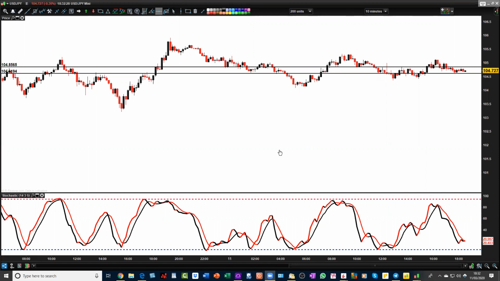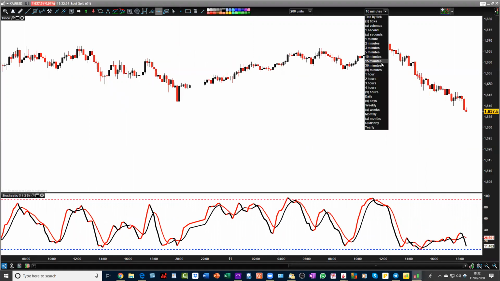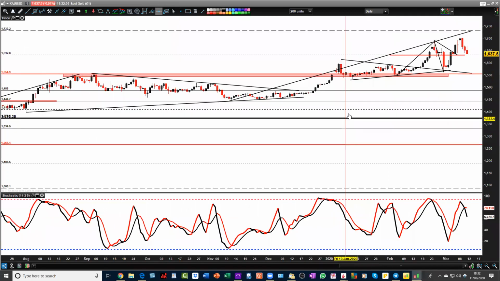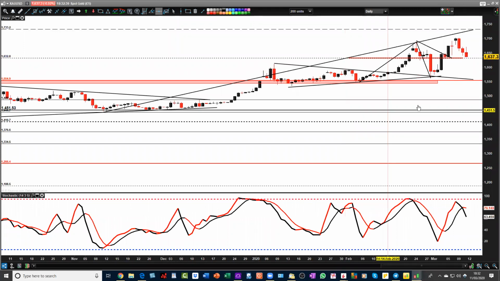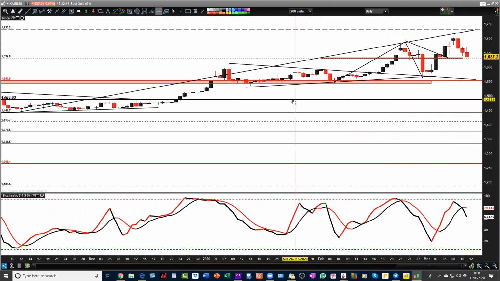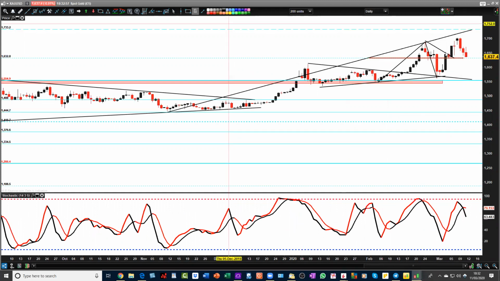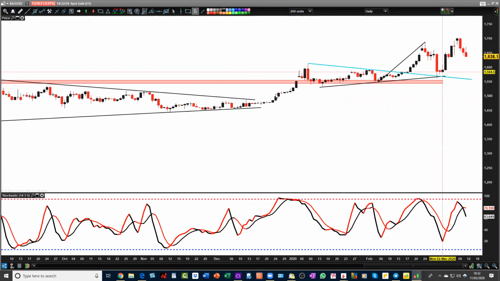Now, gold, I said last week that I didn't like gold up there. I wouldn't trade it. I was suggesting the path of least resistance was down. Yeah, so we've gone under this. Let's just restructure this because it got a bit messy.